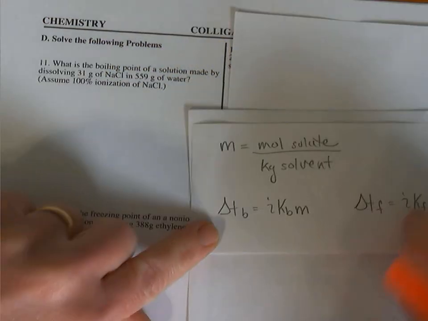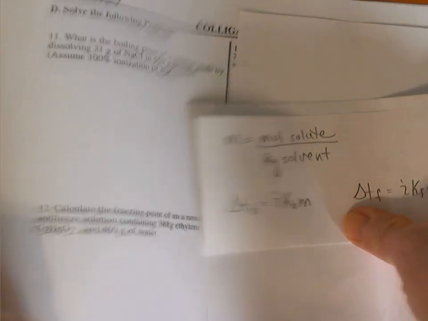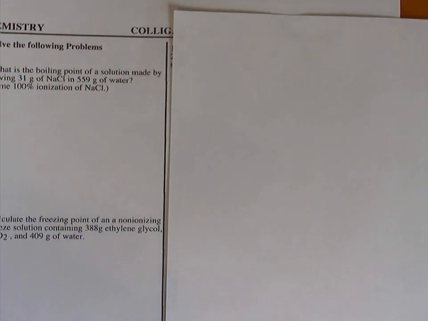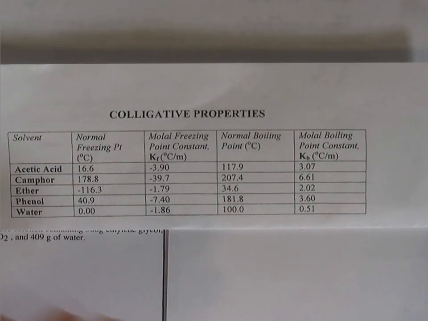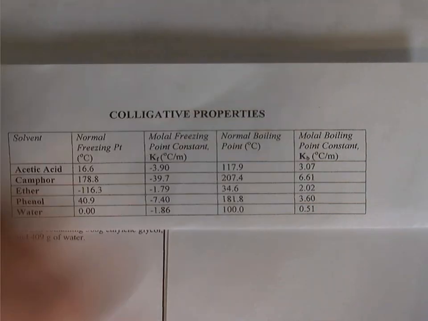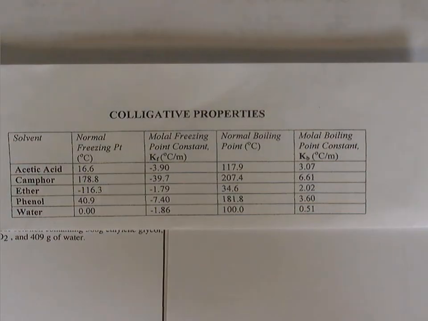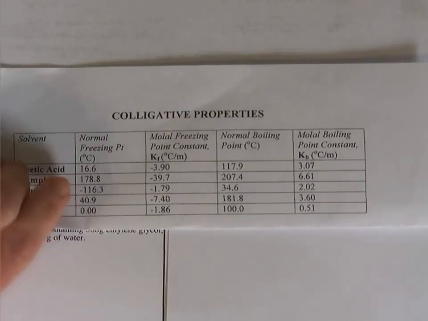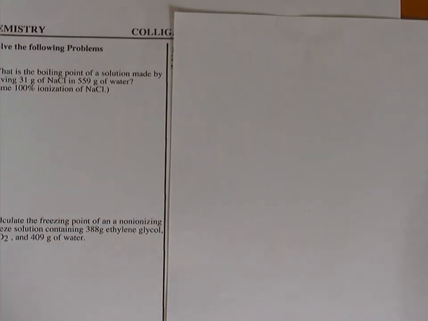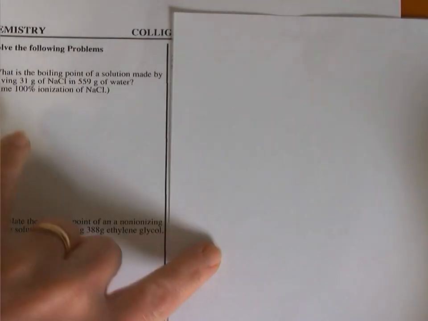Remember, these are our equations, and you can trust that this information, if we need it, will either be given in the problem or you can access it in the table that I provided on this page. First, we're going to look at example 11.